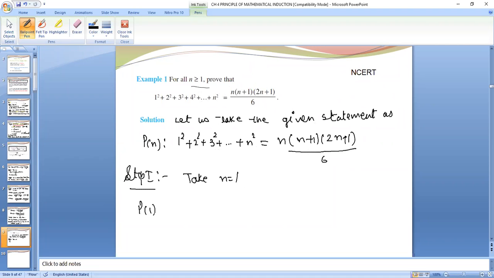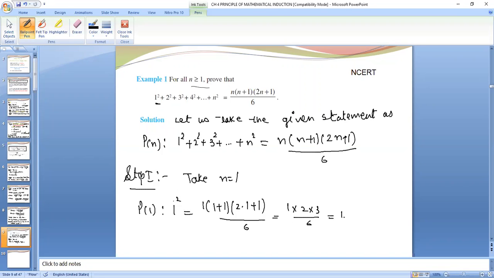So P of 1 will be, from the left side, since n is equal to 1, we take the first term only. It will be 1 square. On the right, we put the value n equals 1. So it will be 1 into 1 plus 1 into 2 into 1 plus 1 upon 6, which is equal to 1 into 2 into 3 by 6. 3 twos are 6, 6 by 6 is 1.